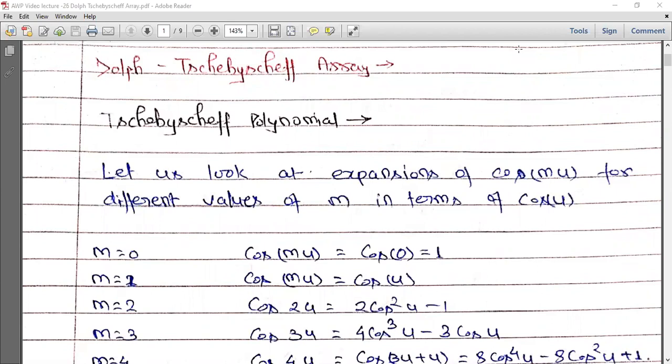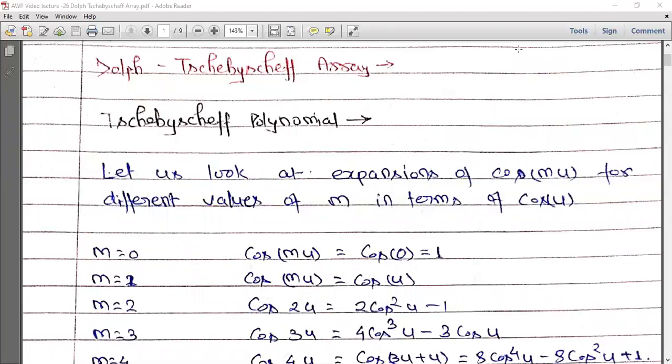And in our last lecture, we started studying non-uniform antenna arrays, or antenna arrays with uniform inter-element spacing and non-uniform excitations. The first topic we studied under non-uniform antenna arrays is the binomial array.